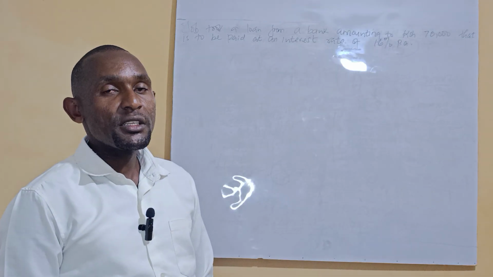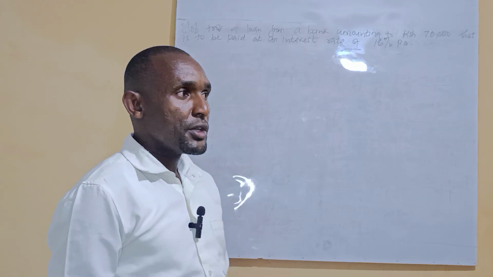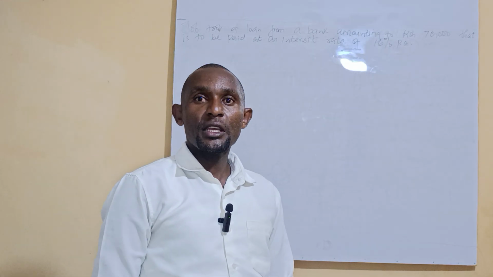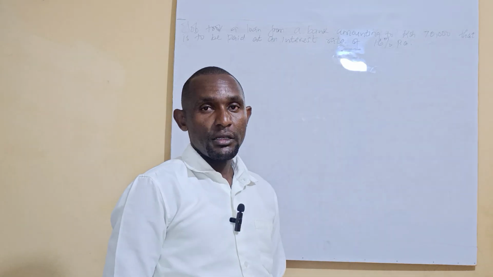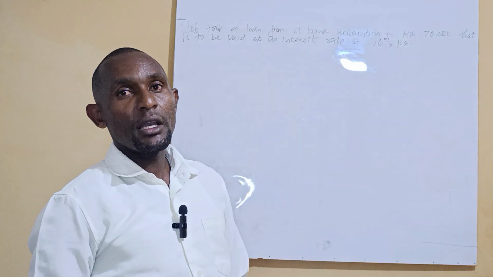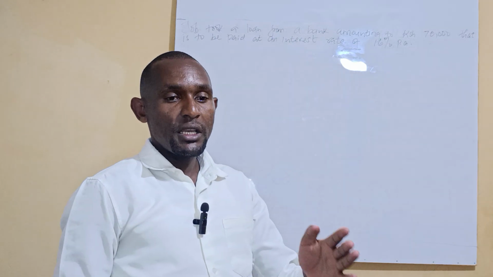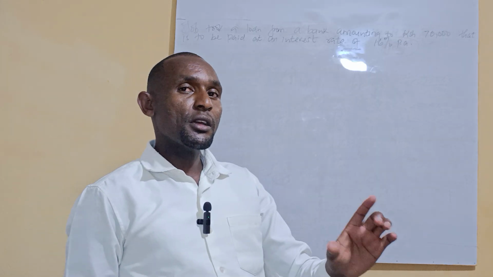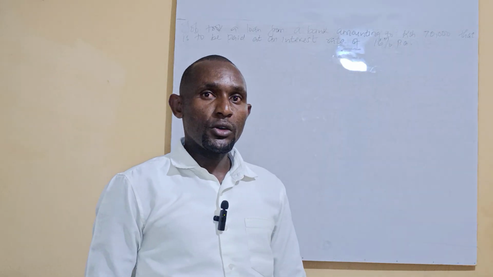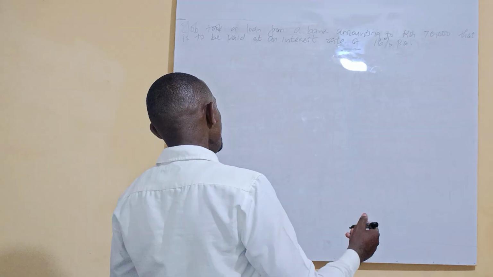If the interest rate is given per month, then the period that you're going to pay back, or the period that the interest is going to be earned, should be in months. Do not make a mistake of working with years and months at the same time. If it is years, it should be the years in the interest rate, and also the years should apply on the period that you're going to be given.